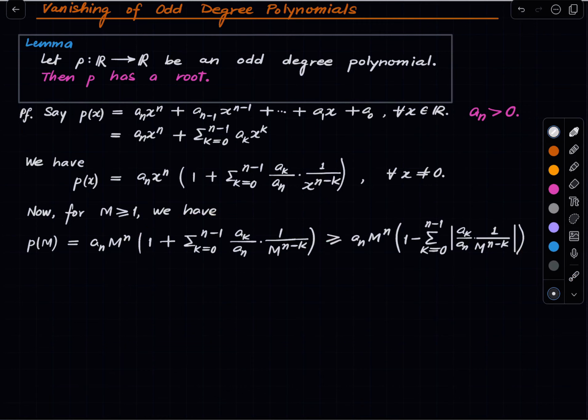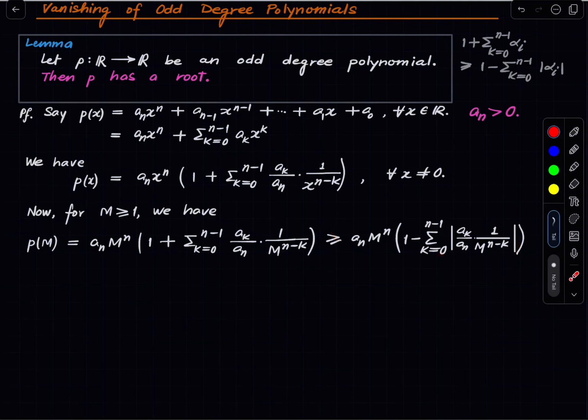Very simple. All we are saying is that 1 plus the summation of alpha i, where the alpha i are real numbers, is at least that much. It's completely trivial what I'm writing.